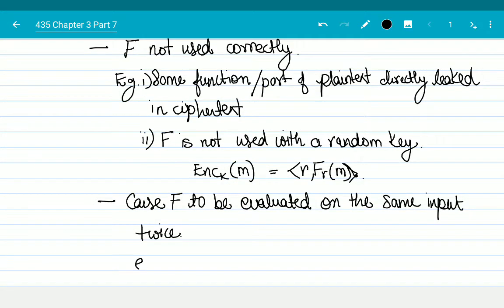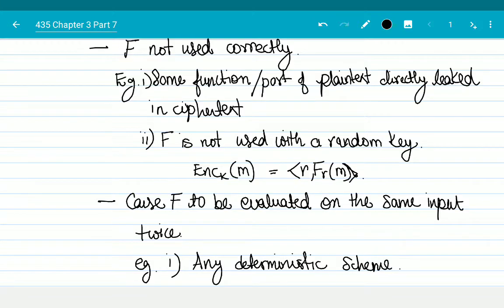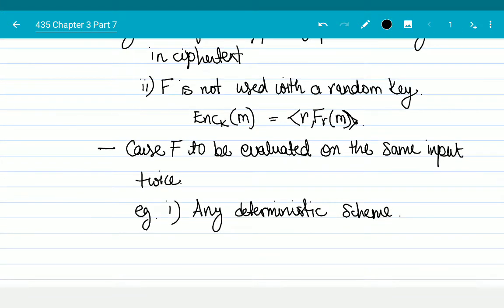So for example, any deterministic scheme would fail for this. Deterministic scheme, including the one-time pad, fails when you do this, right?